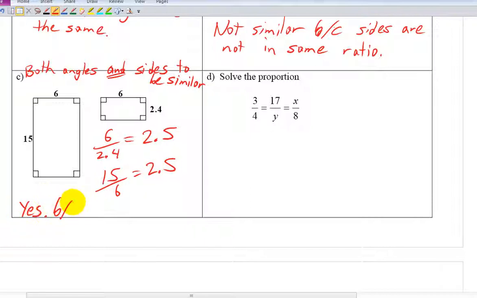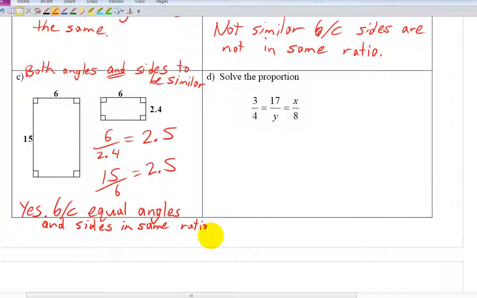And that's because we have equal angles and sides in the same ratio. Good. All right, so for any other shape, you must have 2 reasons to be true. Okay, any questions?